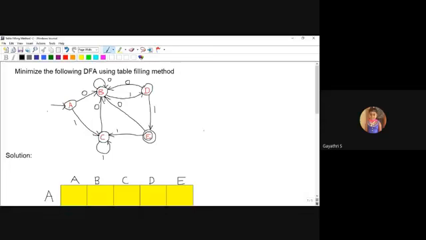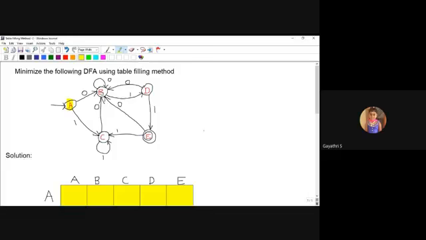From state A, there are transitions on 0 and 1, right? State A has transitions on both 0 and 1. Same thing, the B state has transitions on both 0 and 1.